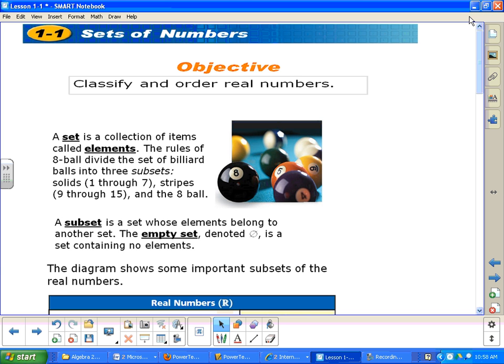And then there are the numbers 9 through 15 that are striped, so they have a colored stripe through the middle, and the rest of the ball is white on each side. So there are 3 subsets of the pool balls: the solids, the stripes, and then the 8 ball.